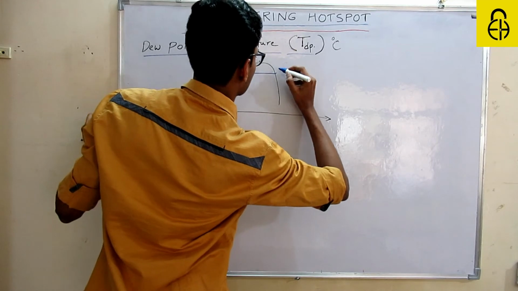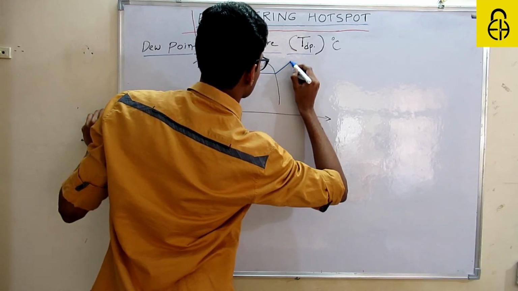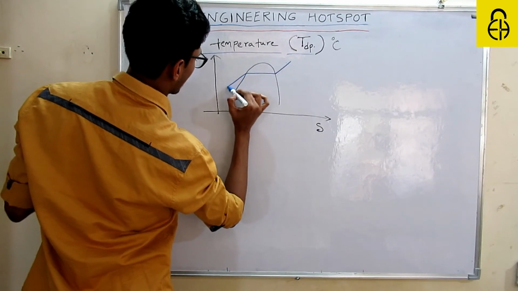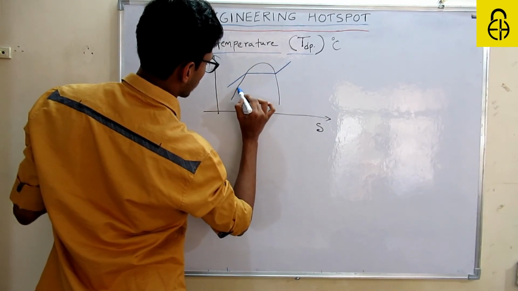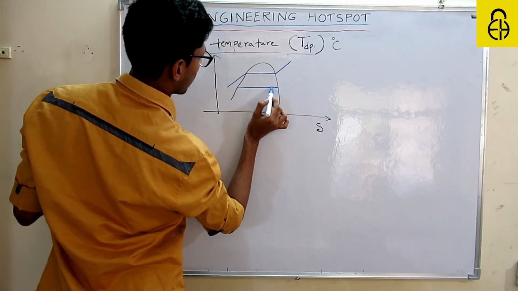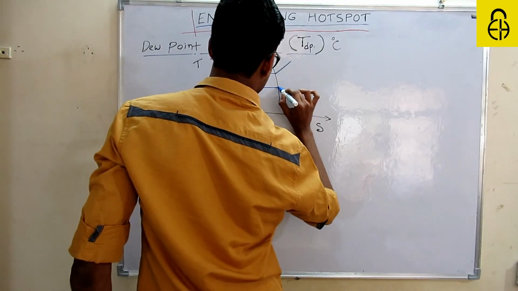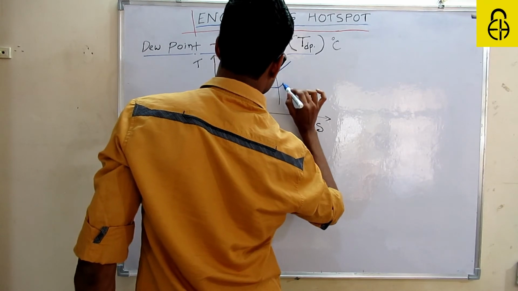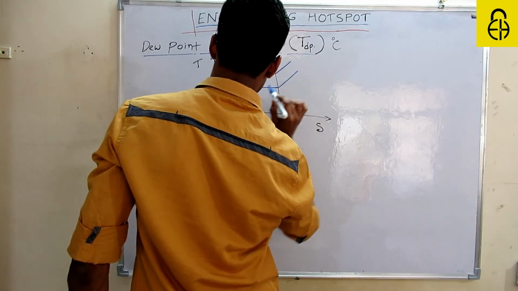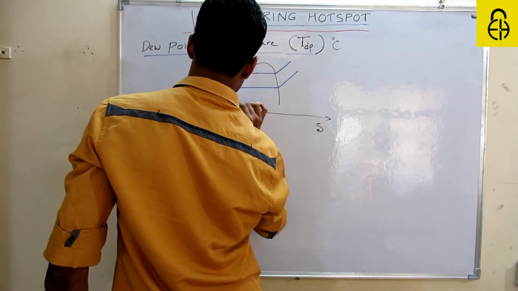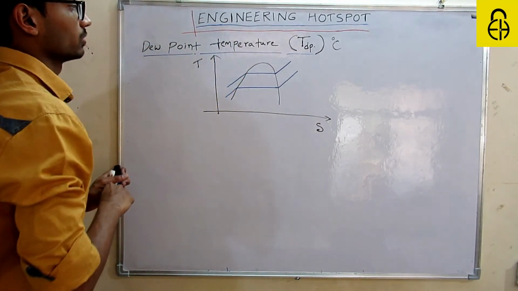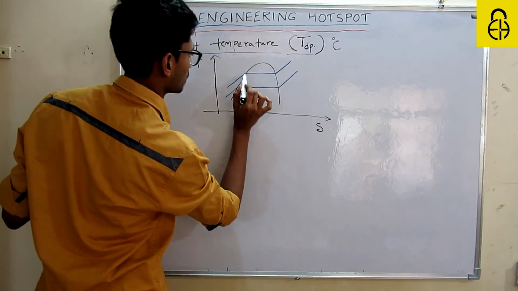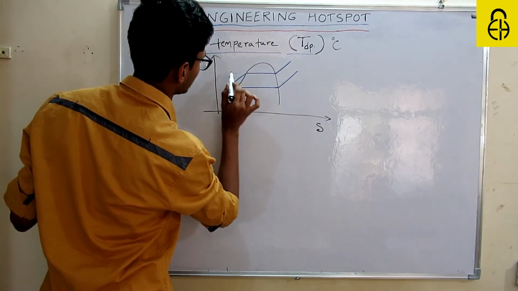Let me draw it straight. So here you can see two lines.